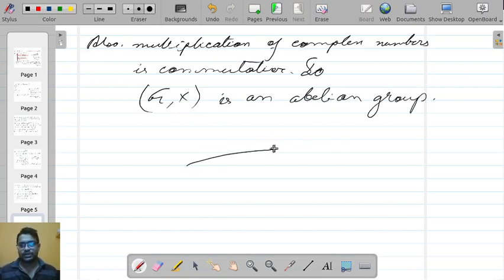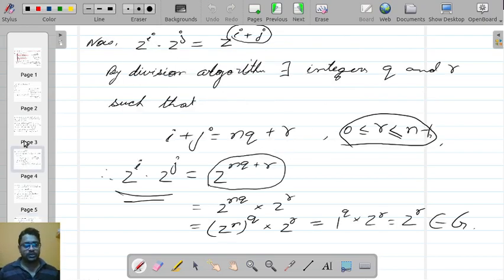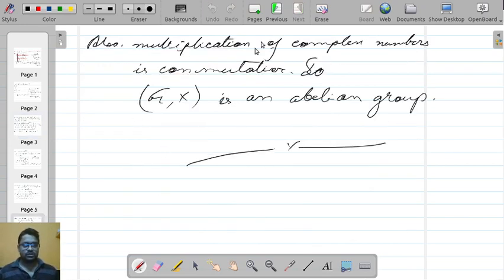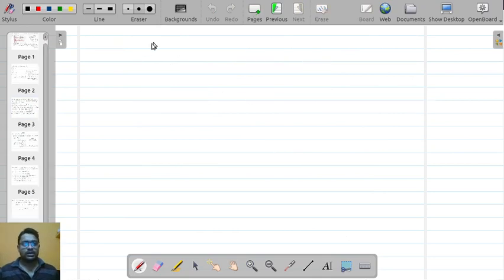Okay, so the set of nth roots of unity forms a group. No, not only a group, it's an abelian group. Let me just write it in the question itself. It forms an abelian group with respect to multiplication of complex numbers. Okay, so this is one more example of a group.